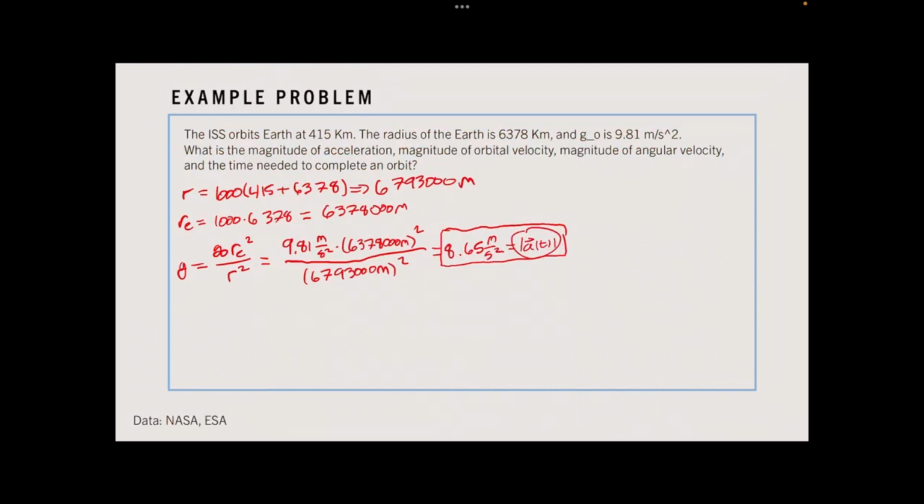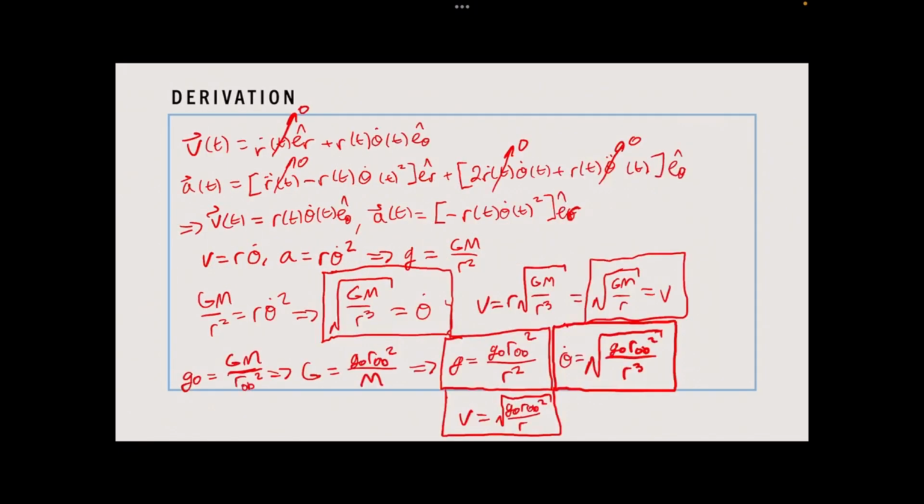The magnitude of our orbital velocity, as we found earlier, V, is going to equal the square root of g naught re squared divided by r.